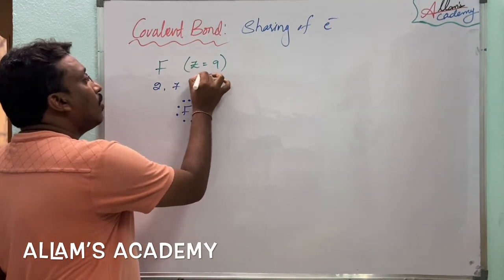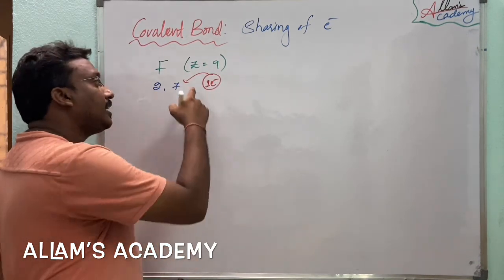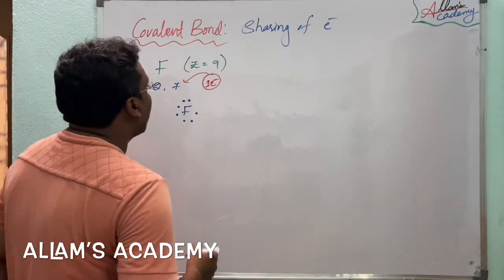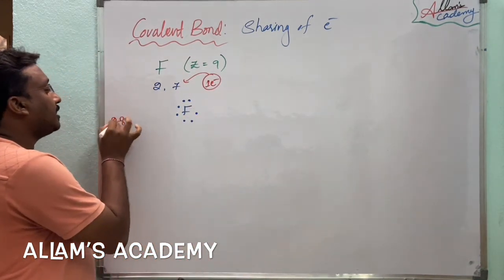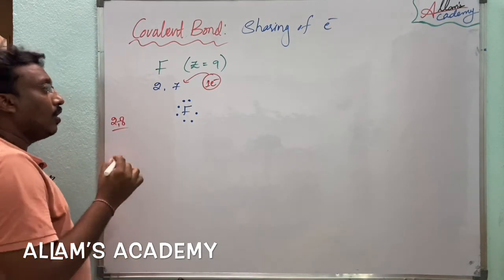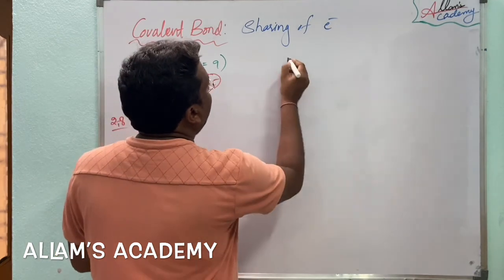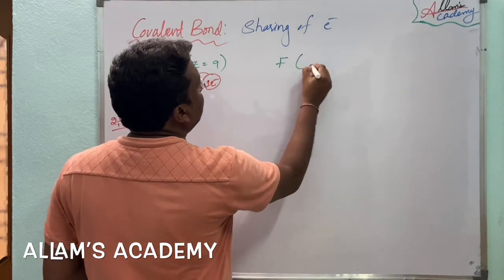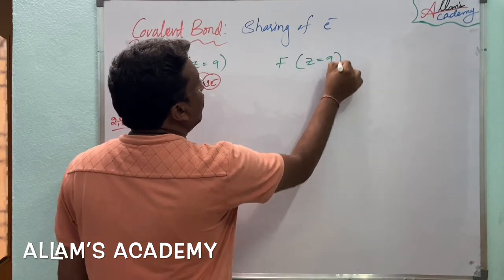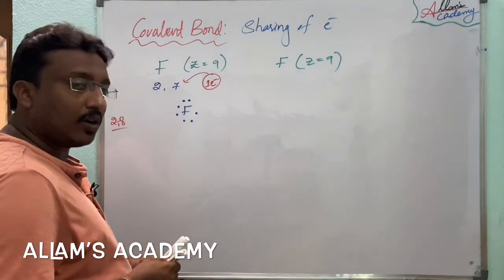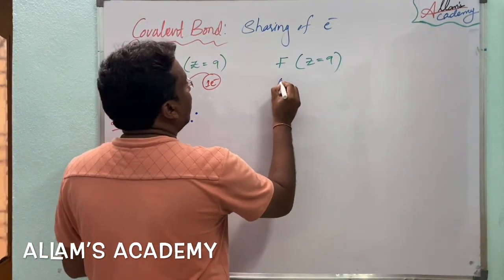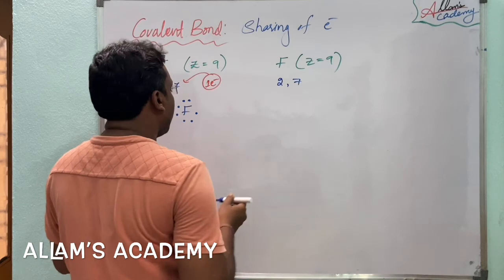If it gains 1 electron, it gets the electronic configuration 2, 8. Here, one more fluorine, Z equal to 9. Atomic number is 9. Electronic configuration 2, 7.